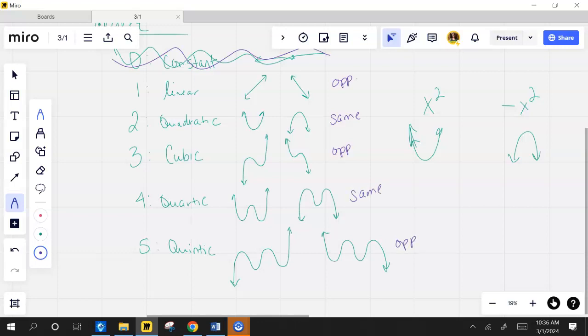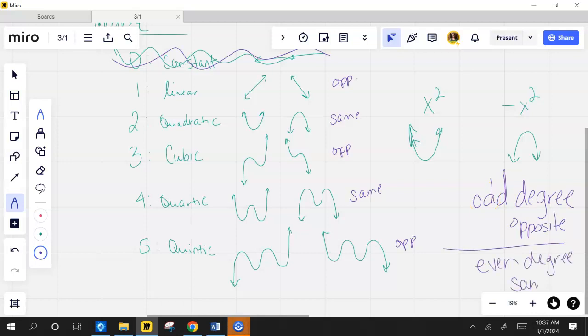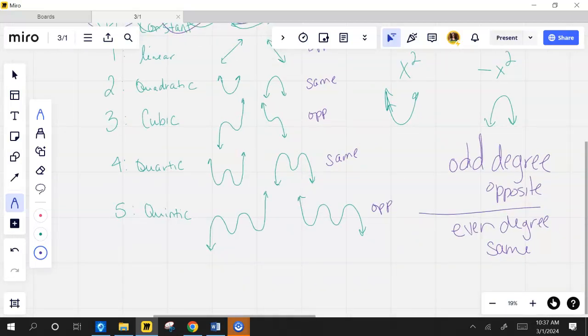What do you notice about these degrees, though? There is a pattern. What kind of conclusion could you possibly draw? Every odd degree, this is very important, every odd degree goes off in opposite directions. Every even degree goes in the same direction. And that leading coefficient is going to be what tells me which way it goes, okay?